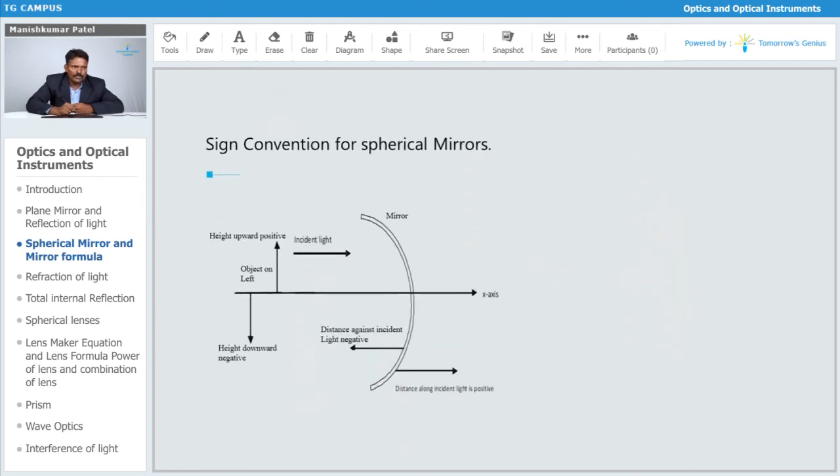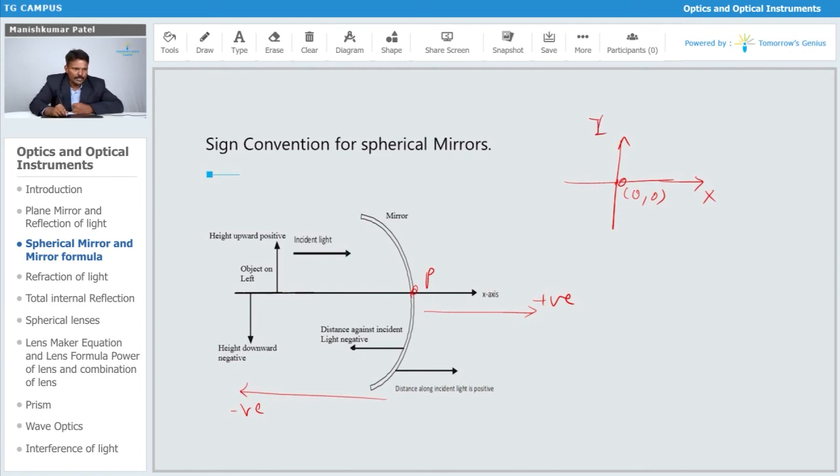So these are a few sign conventions which you have to consider. If the object is placed on the left of the mirror, then all the distances you have to calculate as negative. If we measure on the right side, then it has to be positive. This P is your reference point. Likewise, in your XY coordinates, this is 0, 0, this is your X axis, and this is your Y axis.